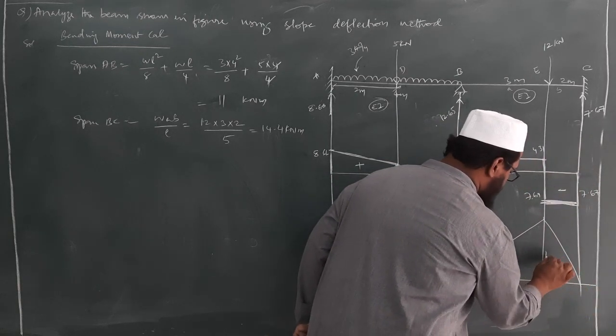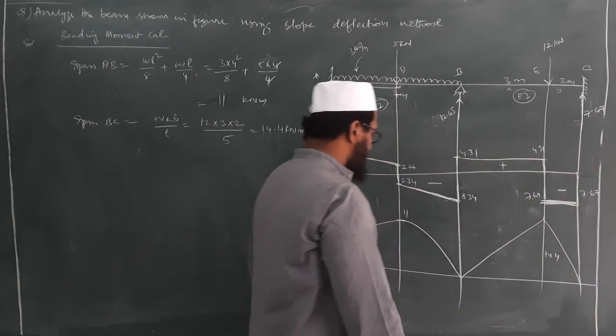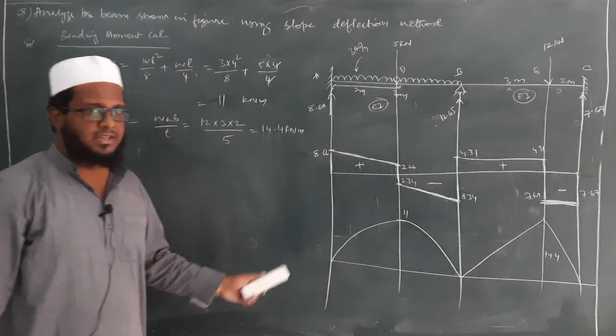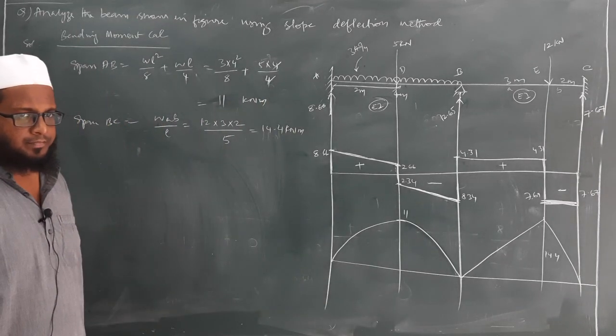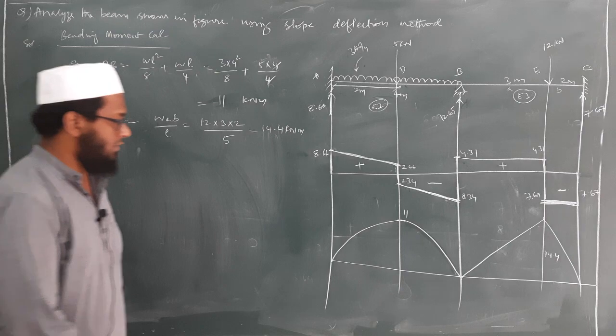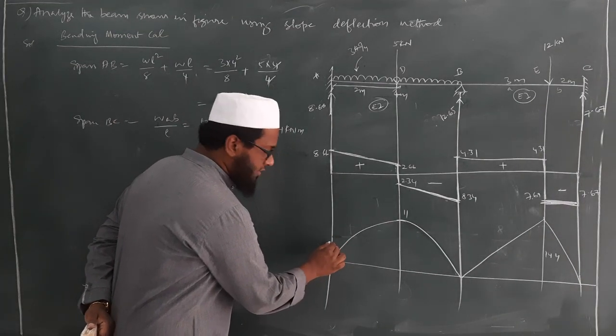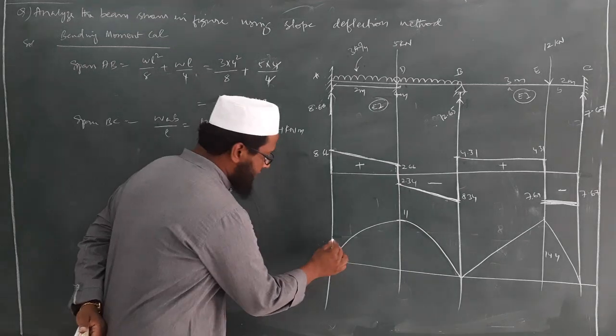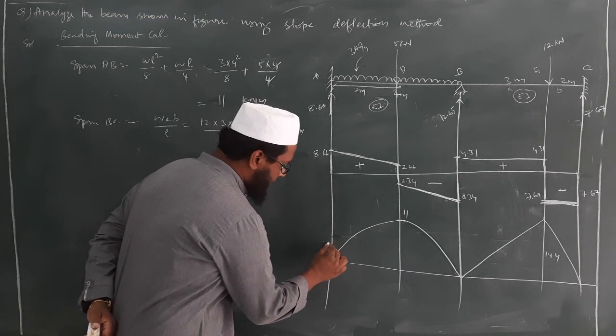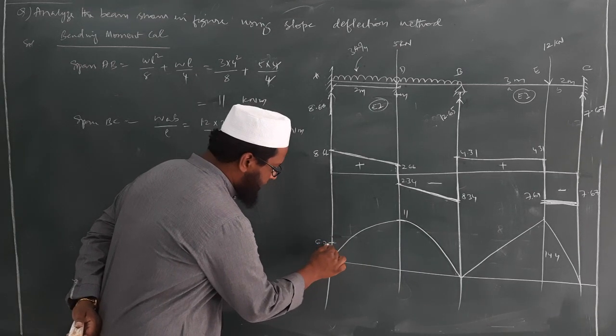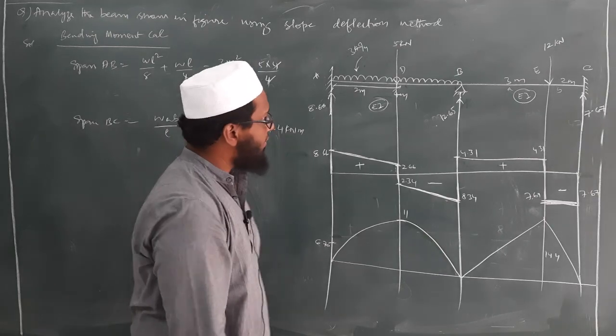This is 14.4. What about fixed end moments? MAB? MAB 0. We got some value, 6.70.